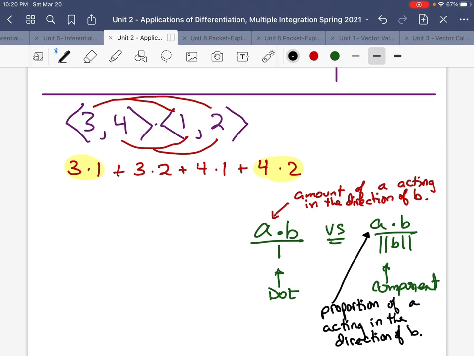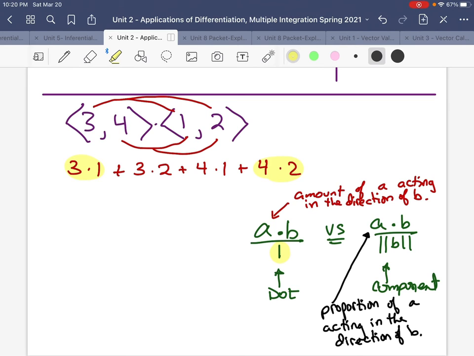Now, I put the dot product notation A dot B over 1 just to show that it really is the same thing when we talk about a dot product and the component of a vector acting in the direction of another vector. It's just that we have that understood denominator of 1.